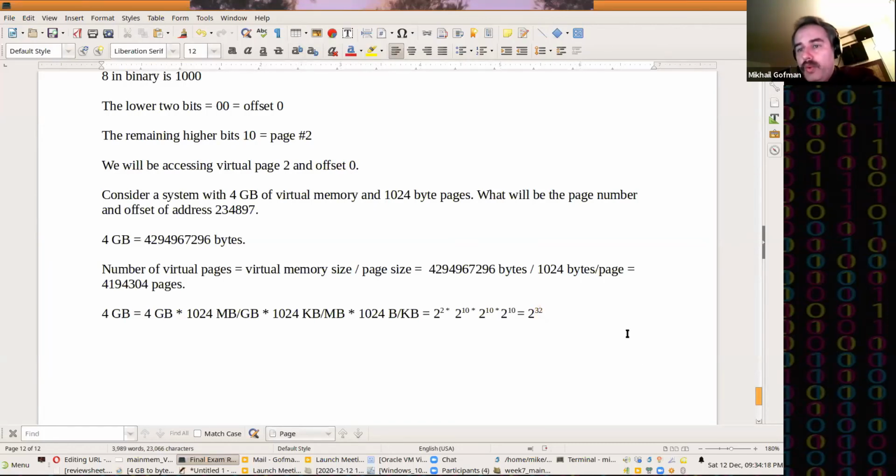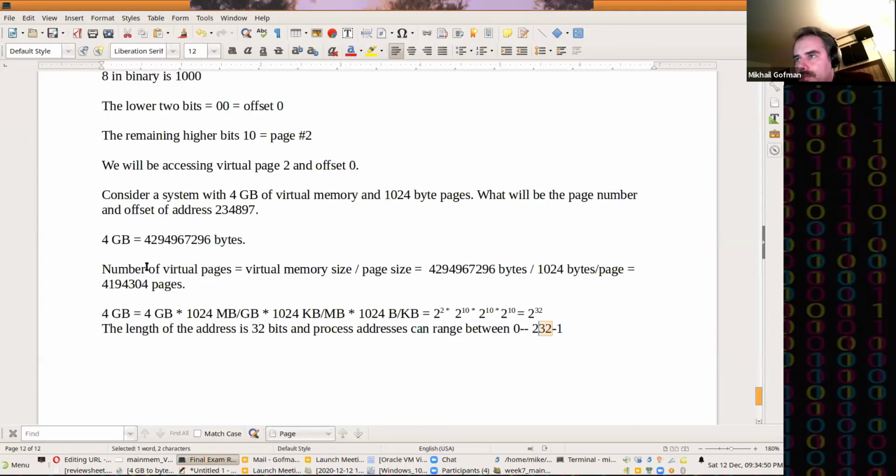The length of the address is 32 bits, and the process addresses can range between 0 to 2 to the 32 minus 1. Okay, 2 to the 32 minus 1.